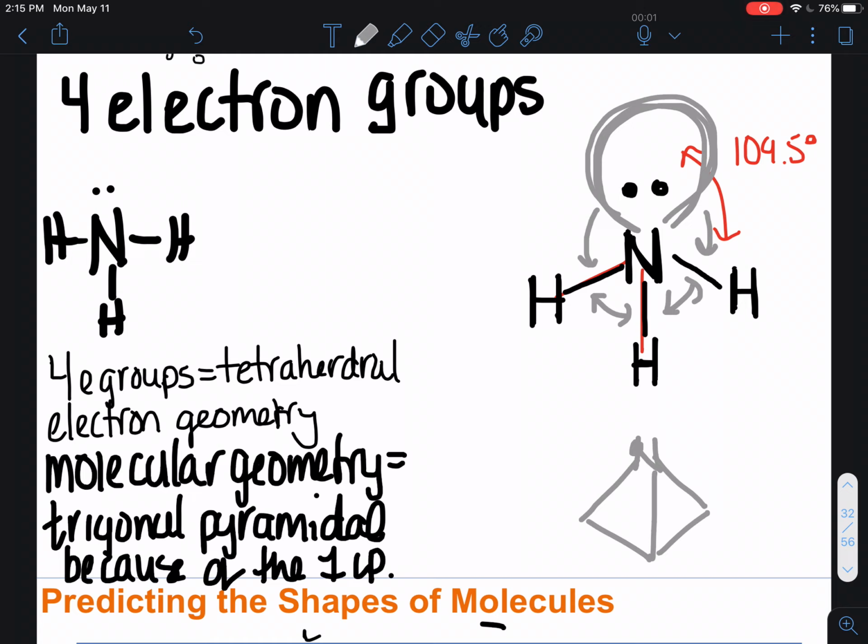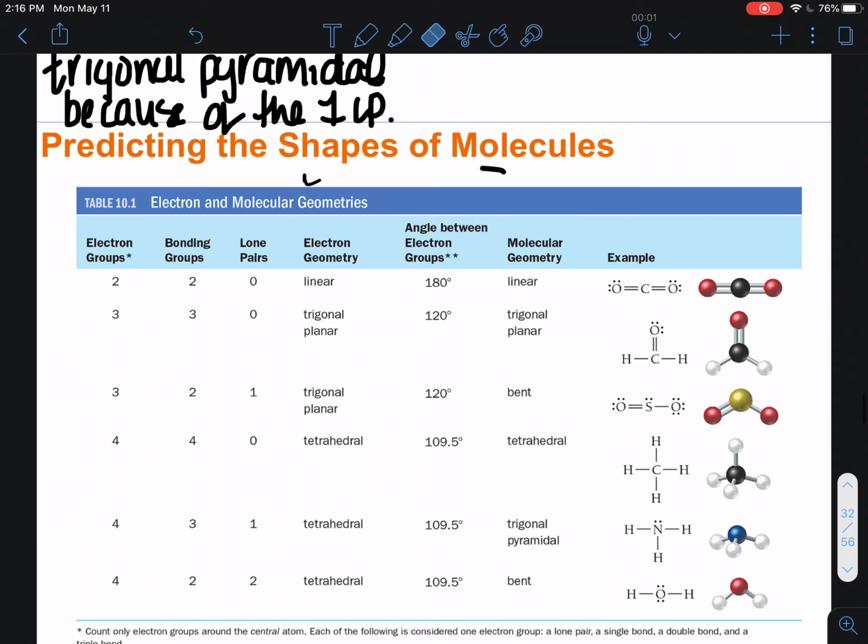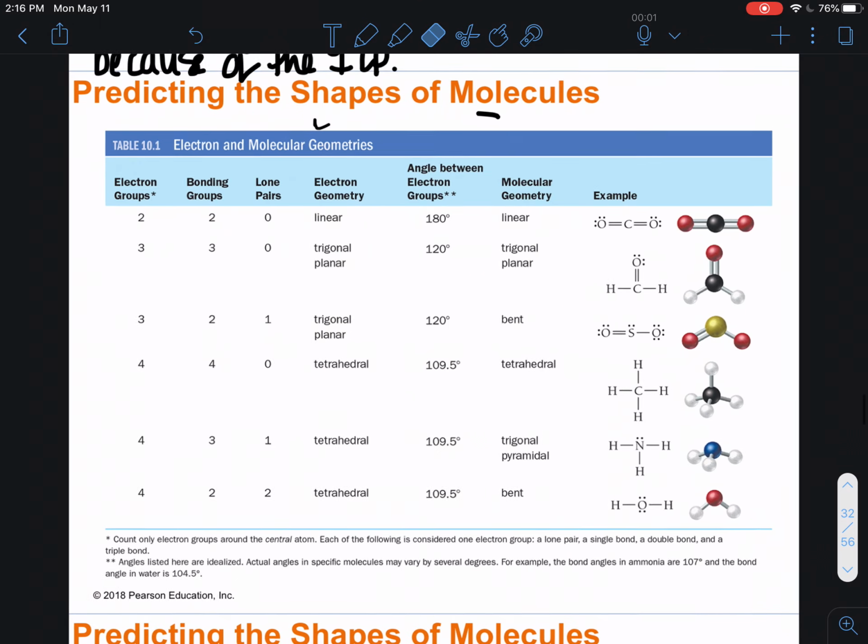So the overall bond angle is going to be a little bit less than 109.5. Okay? And that actually goes the same for water as well.